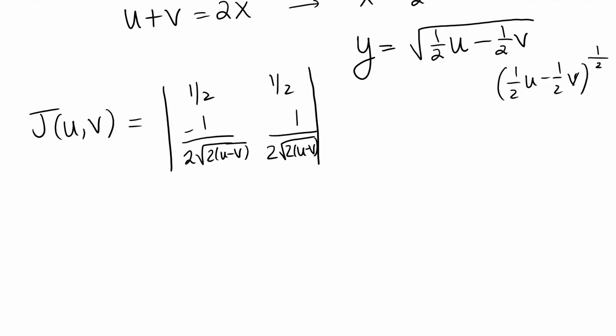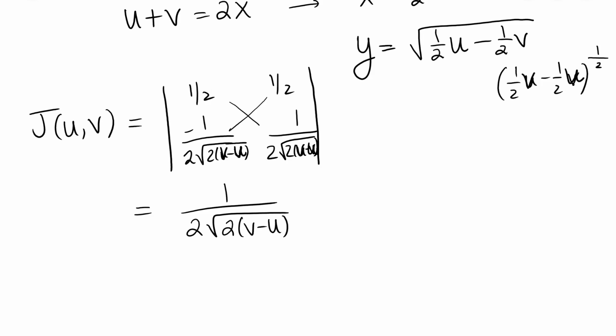I feel like you're not. So if I multiply those together and then add the multiples together, you actually just get 1 over 2 times the square root of 2 times, oh, v minus u, I'm sorry. That should be v minus u.